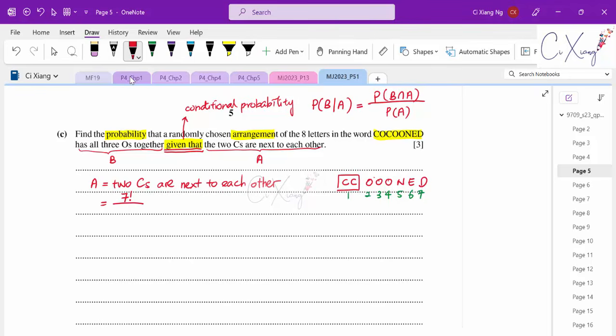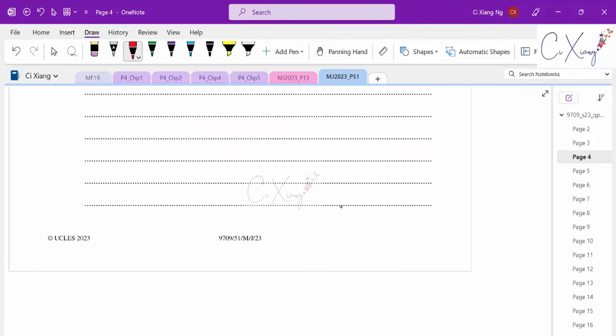But from these 7 items, I'm having 3 identical O's, so I have to divide by 3 factorial. So the number of ways for event A will be 840. This is the number of ways that A happens. Then to change it into a probability, later I need to divide it by the total number without restriction.